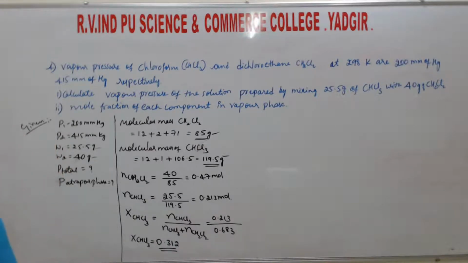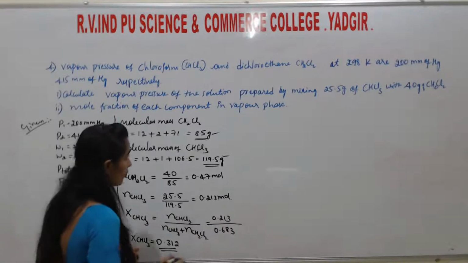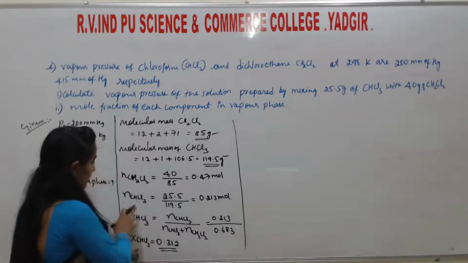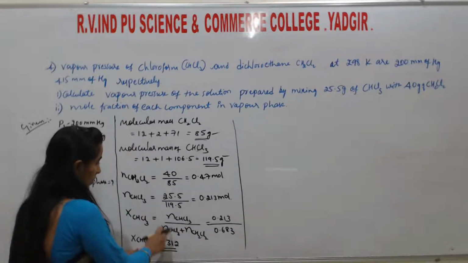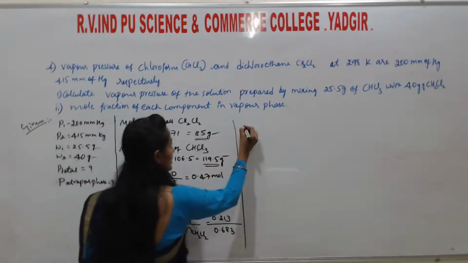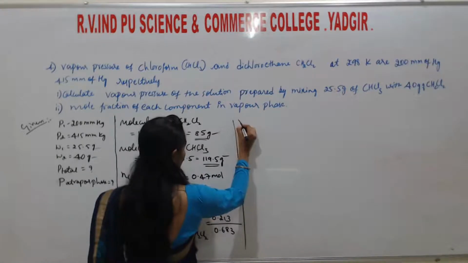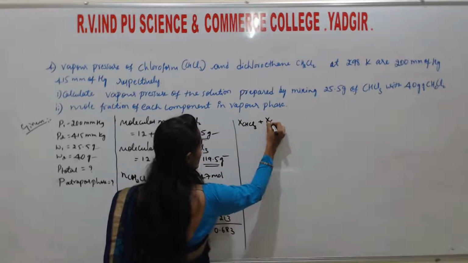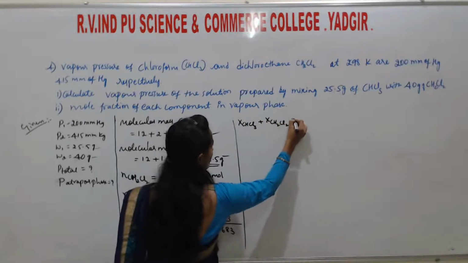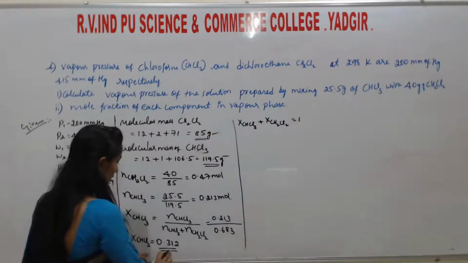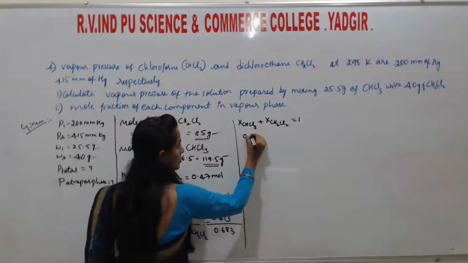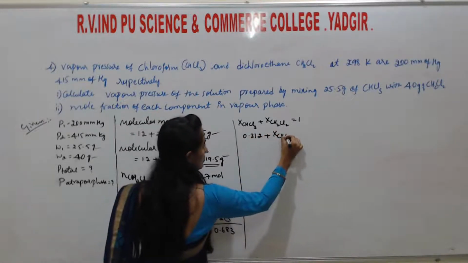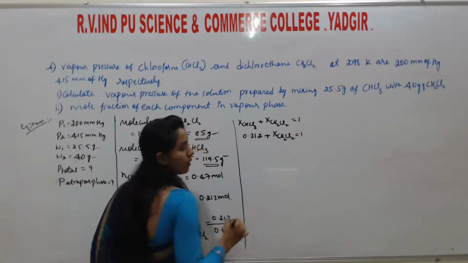So students, you know this mole fraction we got means you can calculate the mole fraction of CH2Cl2 by using the same equation, or you use X of CHCl3 plus X of CH2Cl2 is equal to 1. We have the value here for CHCl3, 0.312, plus X of CH2Cl2 is equal to 1.